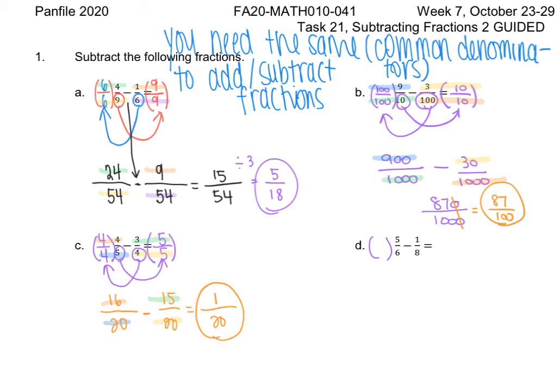Letter D, I'm going to set up my parentheses. 6 goes to the right, 8 comes to the left, 8 on the top and the bottom, 6 on the top and the bottom. Top, just color coding, bottom, top, bottom.